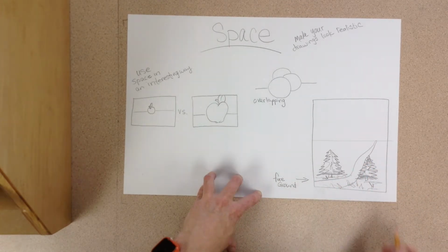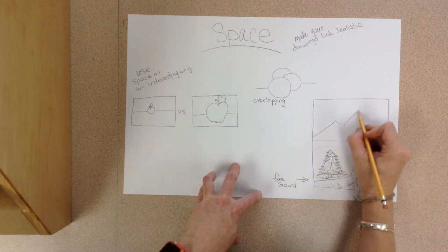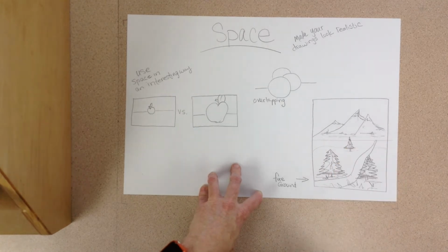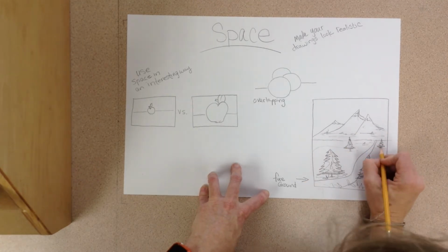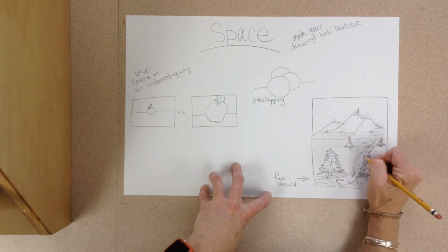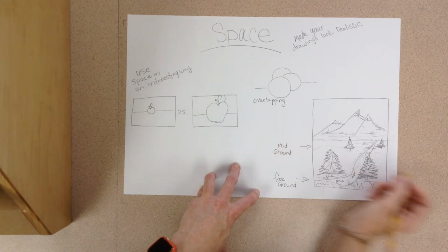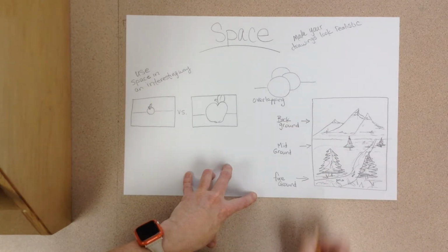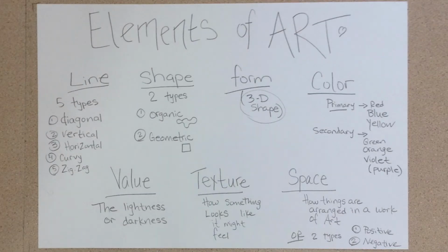There's foreground, midground, and background. Those are the 7 elements of art: line, shape, form, color, value, texture, and space.